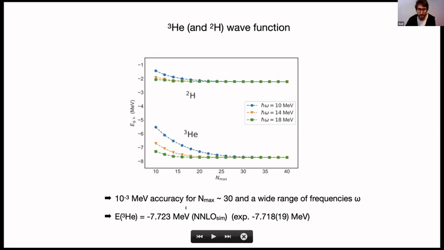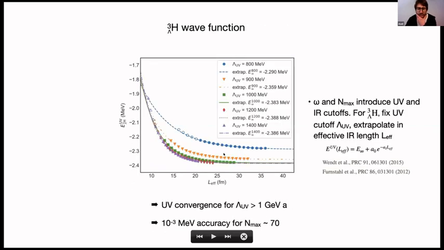Here I put just two values to show you that it's well converged for a wide range of frequencies and relatively low Nmax. The hypertriton is somewhat different because it has this loosely bound lambda. The wave function has this tail spreading to long distances, or relevant contributions at low momentum. So it's harder to converge for the largest Nmax we use.